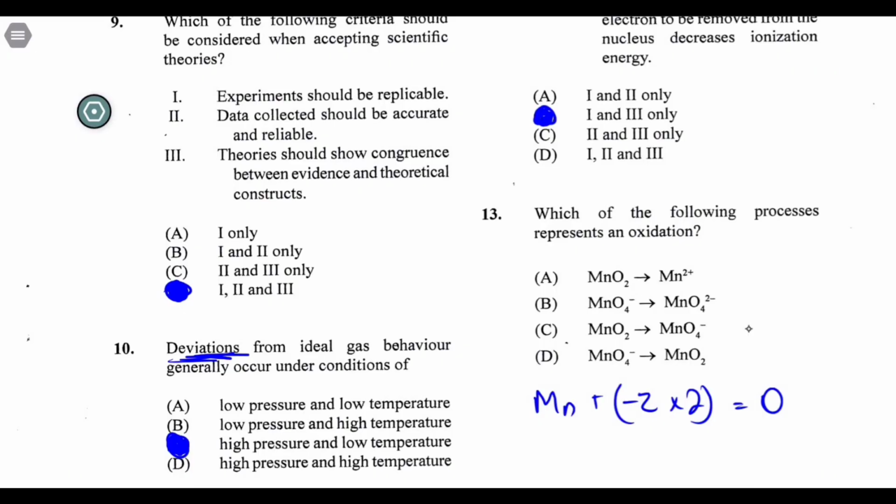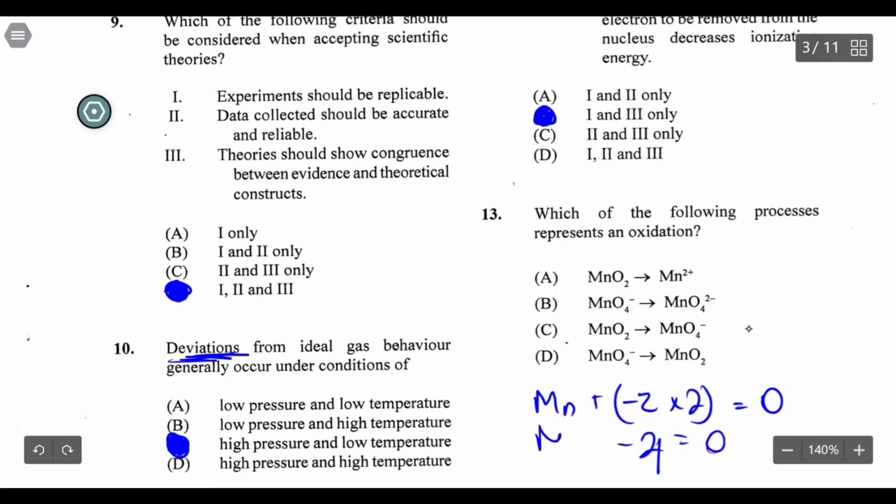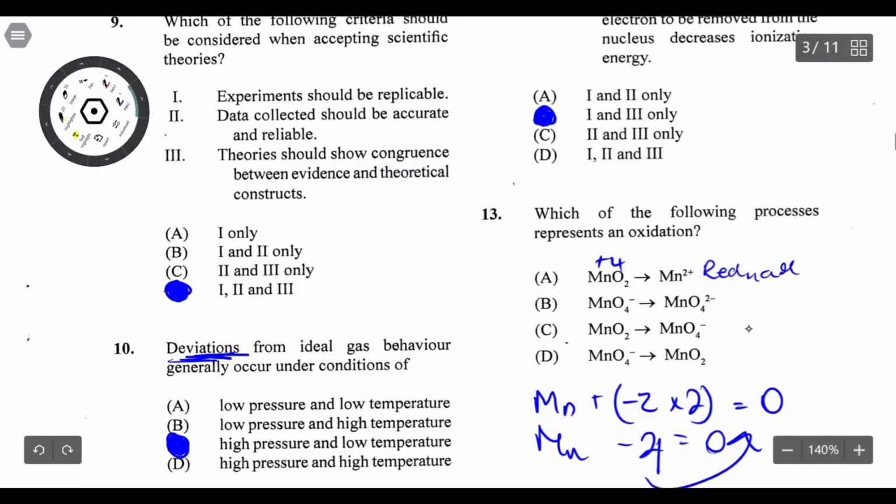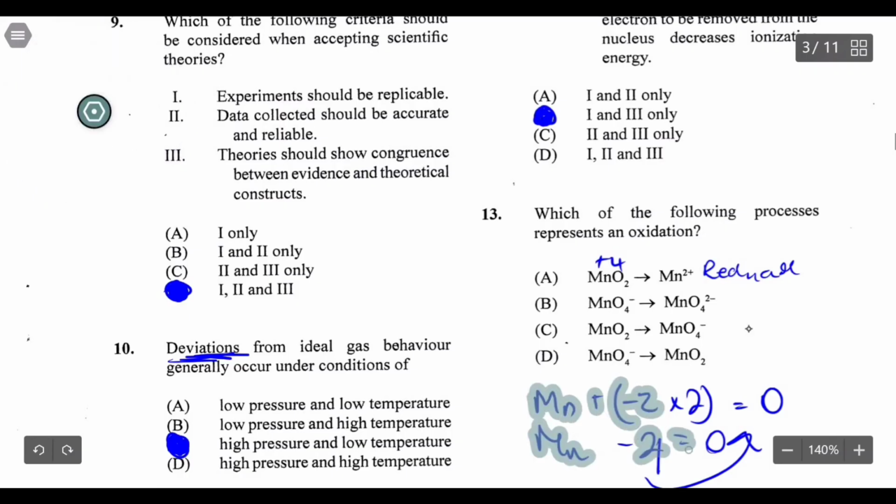So you end up with minus 4, so Mn in this case would be plus 4. Moving this over, Mn is plus 4 and it is then changed to minus 2. Therefore, this is reduced and not oxidized. We're looking for the one that is oxidized.